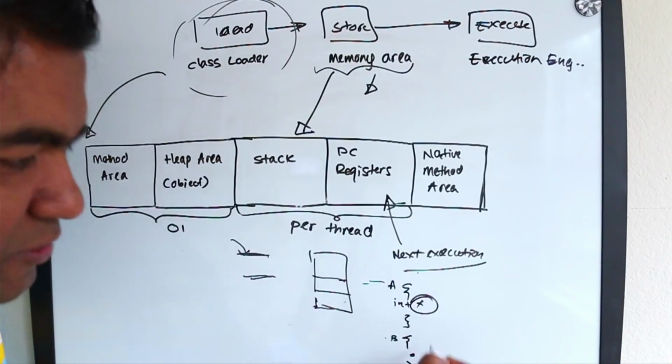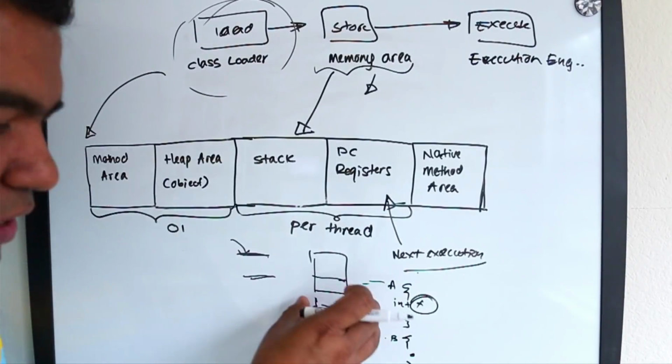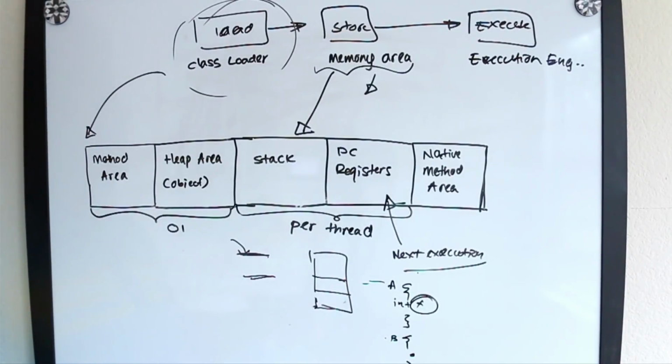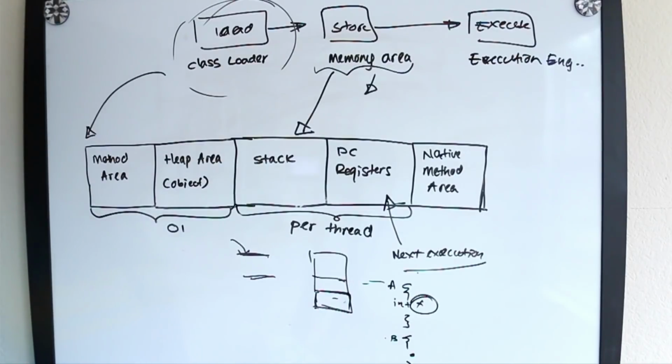The information about the x variable is held by this frame. So when the frame is taken out, there is no place to hold the x information; in other words, x has been destroyed. That is the reason you can't access x from here.